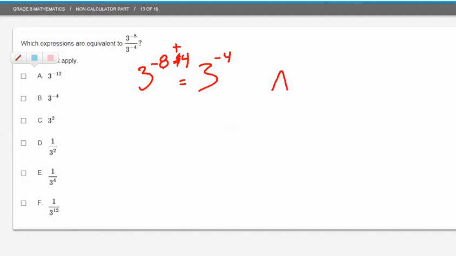But you'll also remember that the rule says if I have a to the negative x, it's going to give me 1 over a to the x power. In other words, negative exponents give me fractions, not negative numbers. So 3 to the negative 4th is also equal to 1 over 3 to the 4th.